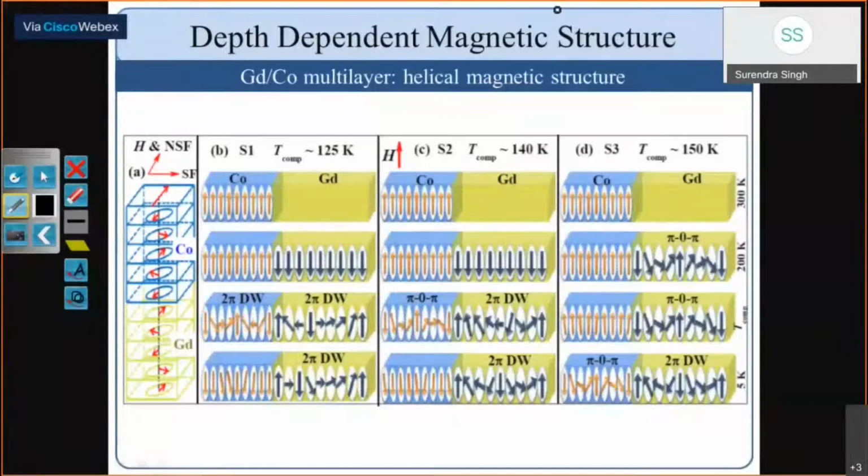So for fitting this data, we have assumed that this is Gd, this is cobalt, and the spins are rotating and making a spiral, helical structure as a function of depth. So it is rotating as we move from bottom to top. That way, we considered this kind of structure and obtained different structures at different temperatures for all the films S1, S2, S3. So this is the advantage of doing this kind of study.